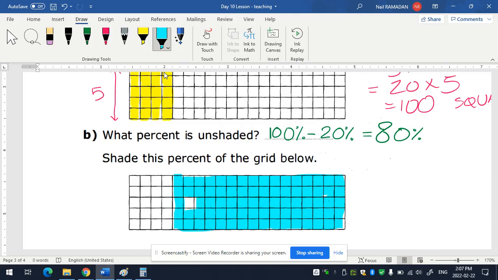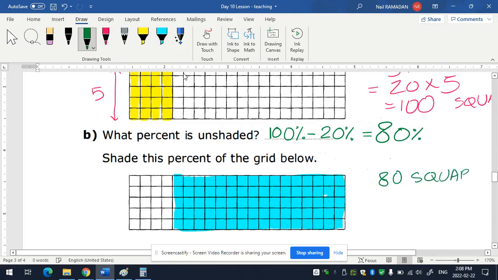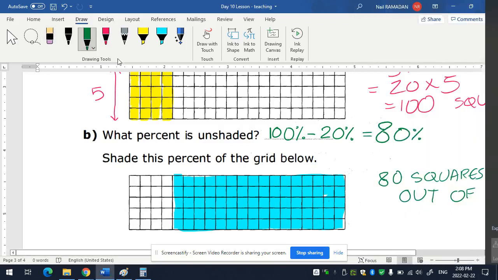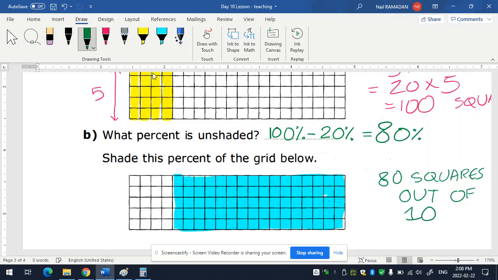There we go. That would be 80 squares out of 100.